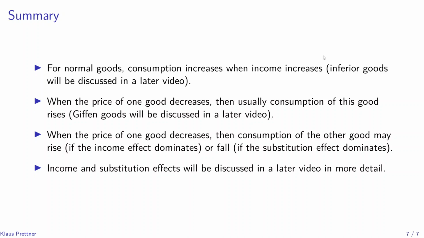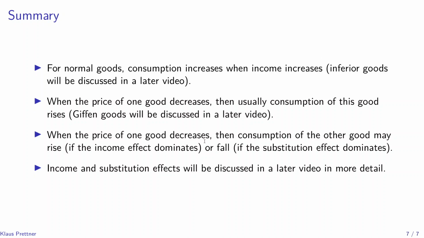To summarize, for normal goods, consumption increases when income increases. For inferior goods, that's not the case, and they will be discussed in a later video. But for normal goods, that's the case. And for normal goods, when the price of the good decreases, consumption of this good rises. For Giffen goods, that would not be the case, but Giffen goods will also be discussed later.